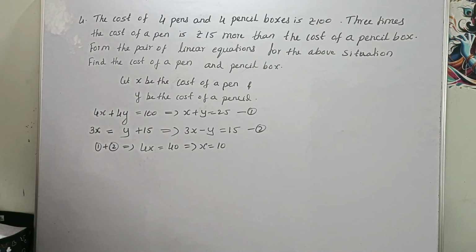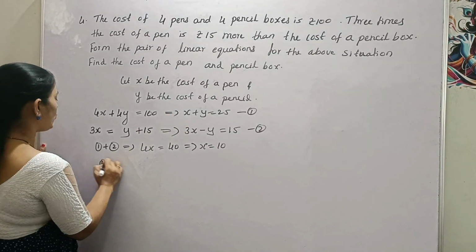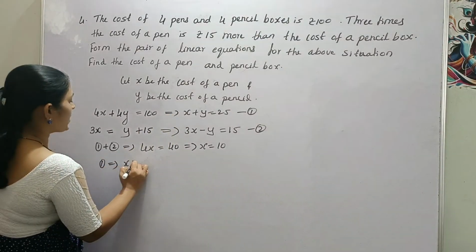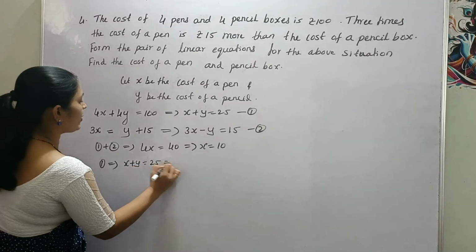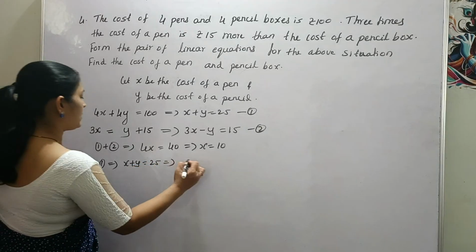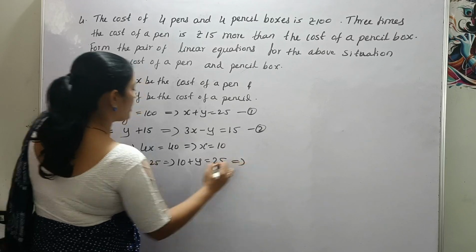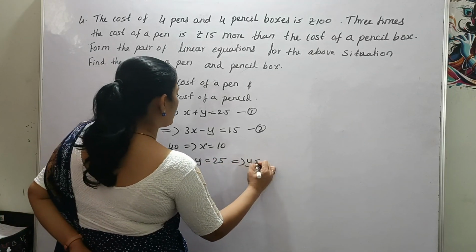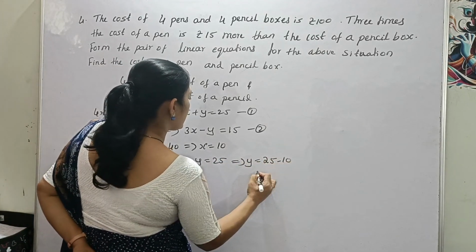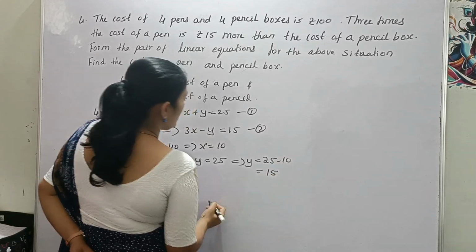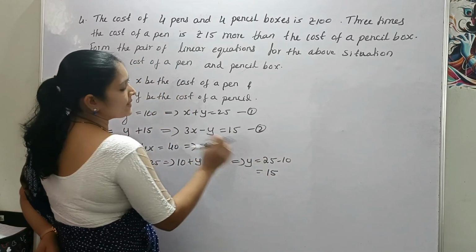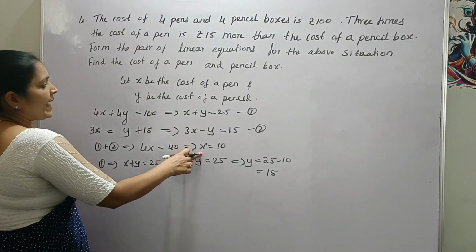Right? Now we have to find the value of y. So equation 1 gives x plus y is equal to 25, implies 10 plus y is equal to 25. That implies y is equal to 25 minus 10, that is equal to 15. So x is equal to 10, y is equal to 15. What is x?